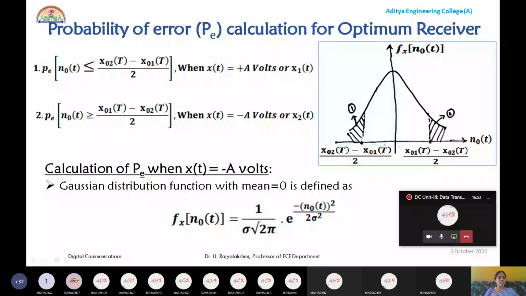Equation 1 represents P suffix e if n naught of t is less than or equal to the lower threshold boundary, that is x naught 2 of t minus x naught 1 of t divided by 2, the same value. That's why we represented it here with crossed lines. These crossed lines represent the error or noise that occurs whenever input is at positive magnitude. This is only the possibility.